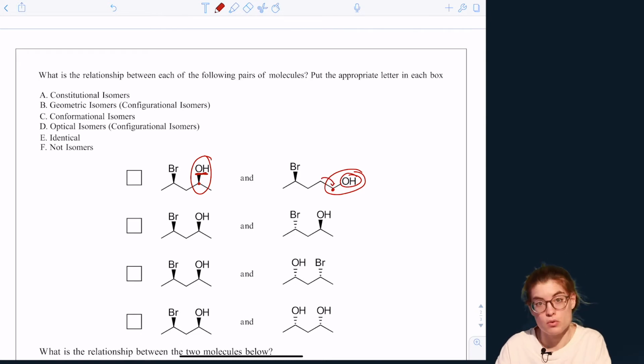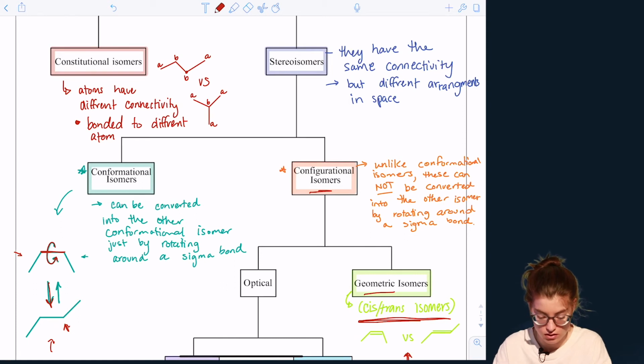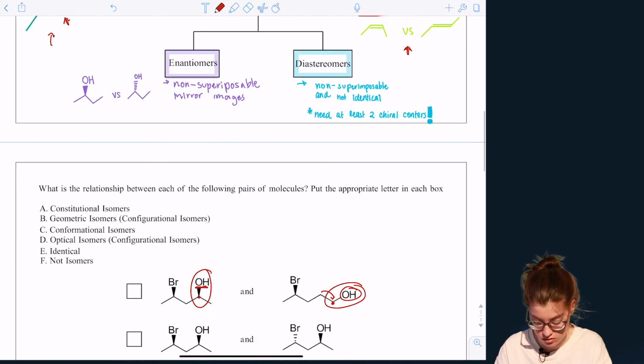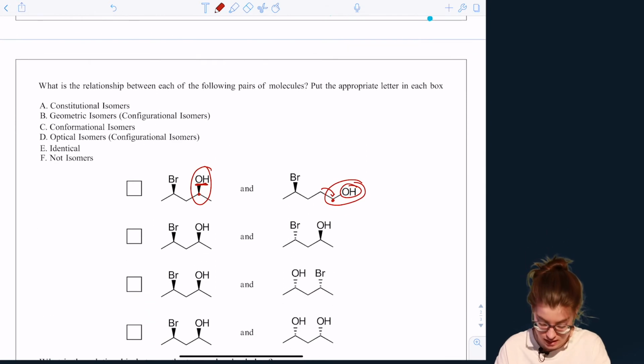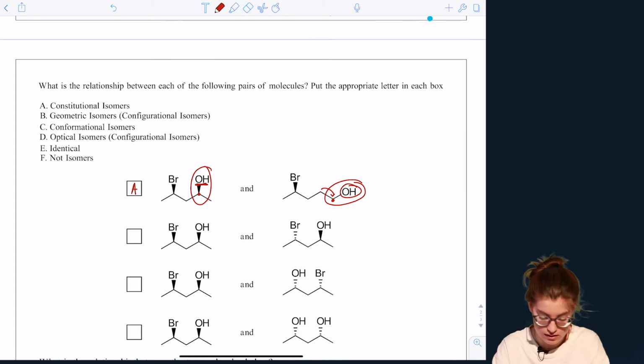In other words, the hydroxy group is bonded to a different atom. So what that tells me is that we have different connectivity, which means we are looking at constitutional isomers because everything else is the same except for the connectivity. So that would be A, constitutional isomers.